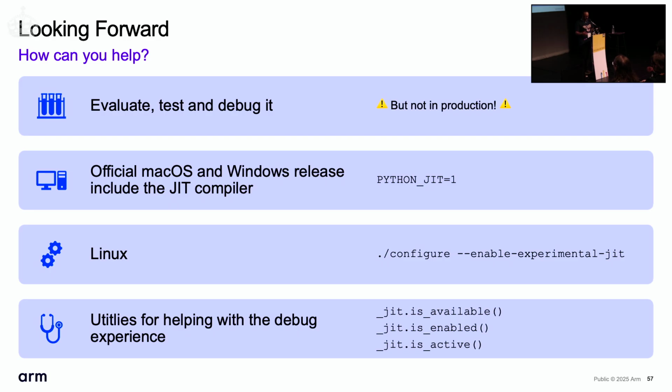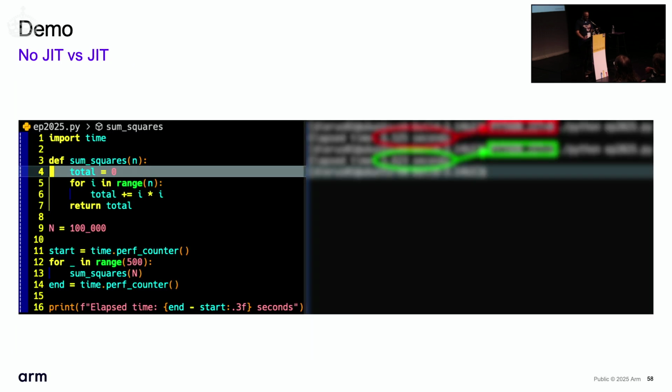And on Linux, you need to basically recompile Python. Once enabled, you have modules where you can inspect things about the JIT, like the _JIT module. And again, if you have issues, file a bug. If you see something unexpected, share it. And if you want to see how it is implemented, the code is in the standard CPython GitHub repo.